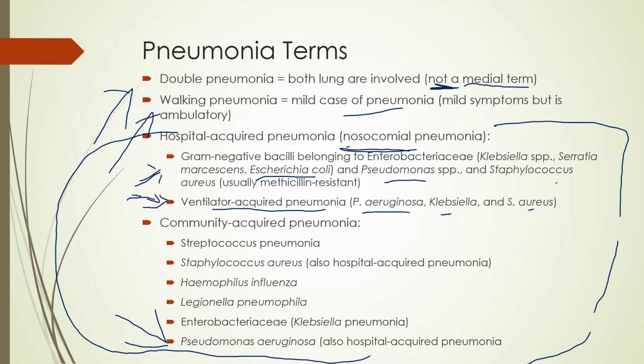That's why we'd get one right away, so we would know whether or not they got it from us. Community-acquired pneumonias are going to be your strep, your Staph aureus. Like I said, some of these are also hospital-acquired pneumonia. H. flu, Haemophilus influenzae, Legionella, Enterobacter. So those are your Klebsiella ones. Pseudomonas, big one as well.